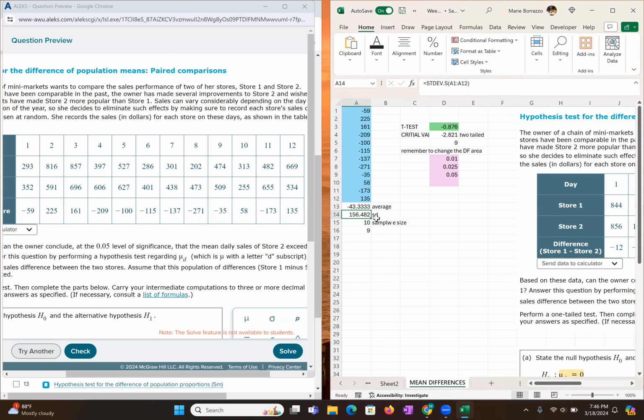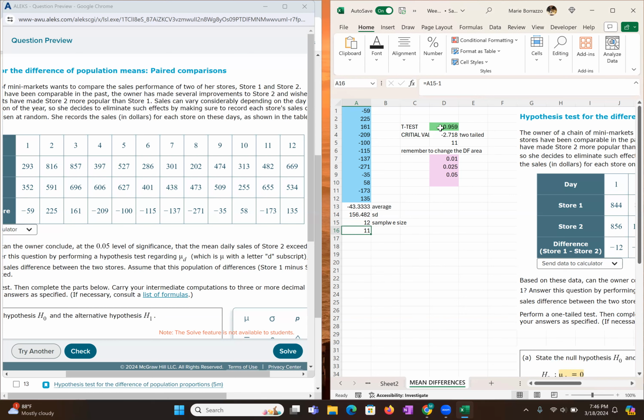Standard deviation, so equals STDEV.S, so we'll double click, and hold and drag. And sample size is obviously 12. So this will be 11.